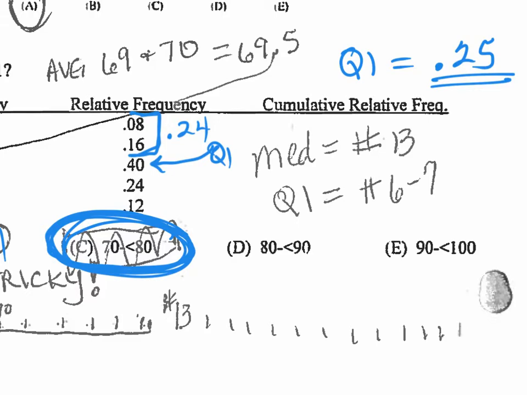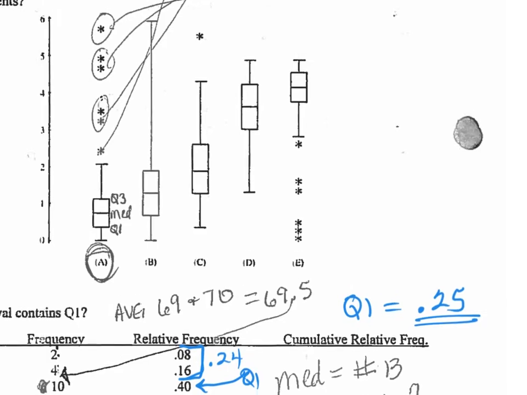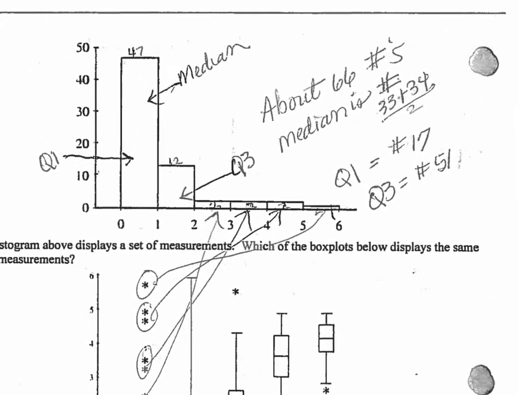All right, now, next one. This one is A, and here is why. If you totaled this thing up, there's about 66 pieces of data. Remember I told you that you need to be able to do this yesterday when I went over the warm-up with you? If there's about 66 pieces of data, the median is located about the 33rd to 34th piece of data, and that is right here.